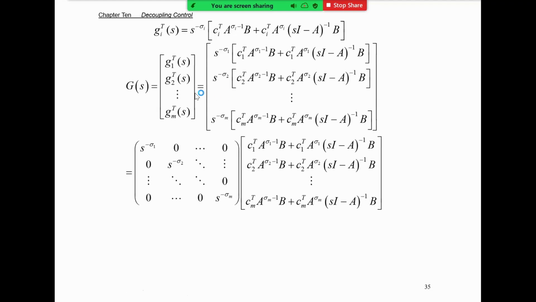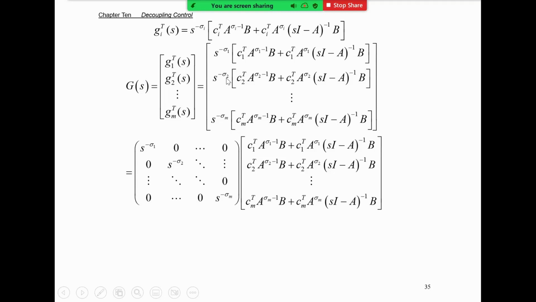Every row, let's just write out every row. The first row has relative degree sigma 1, so it's s to the minus sigma 1. This one is c1 A to the power of sigma 1 minus 1 times B, plus this matrix. This is the second row of this transfer function matrix.